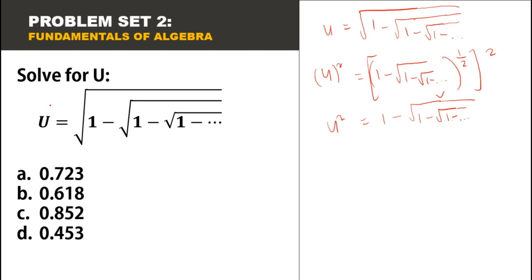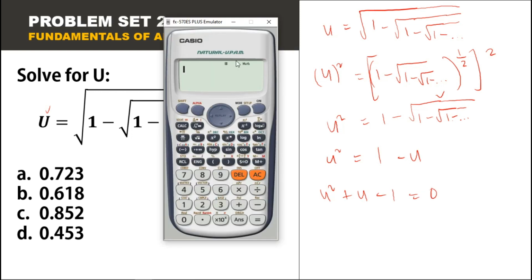So you have u squared equals 1 minus u, meaning u squared plus u minus 1 equals 0.